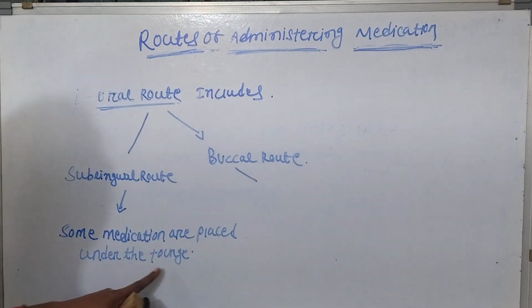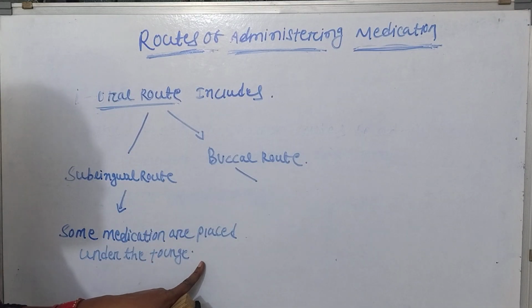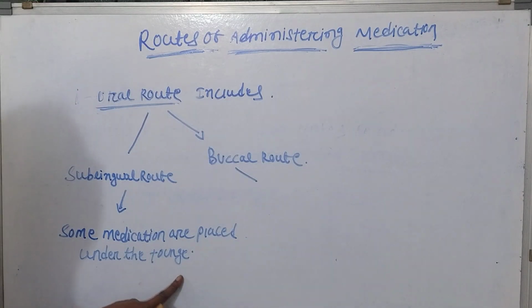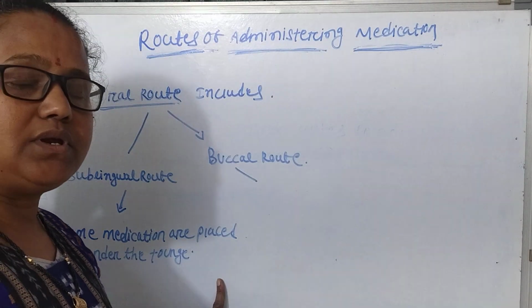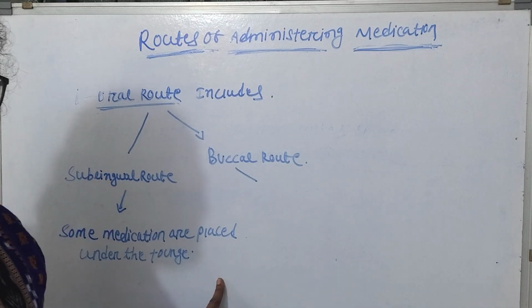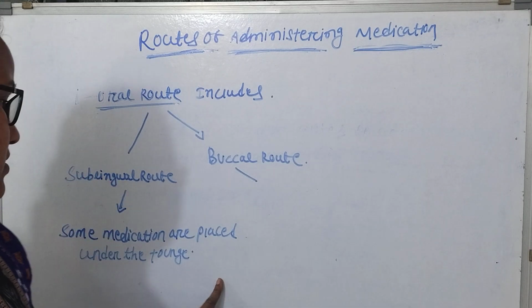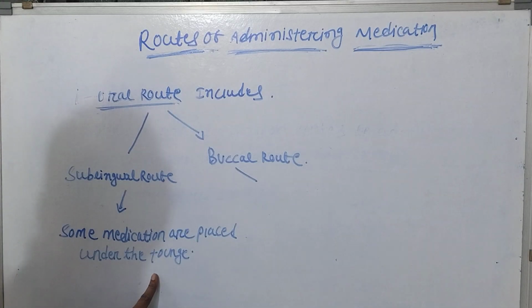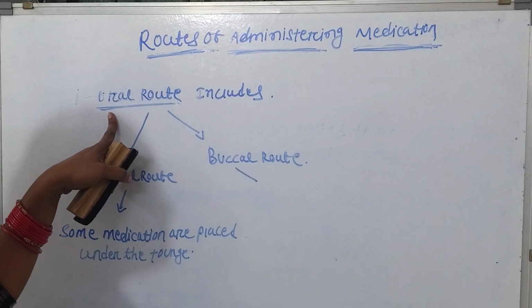Under the tongue, till it dissolves. You will keep the medication under the tongue till it dissolves. Under the tongue there is mucous membrane which absorbs that medication, and the medication will mix in the blood. It is more effective than the oral route.